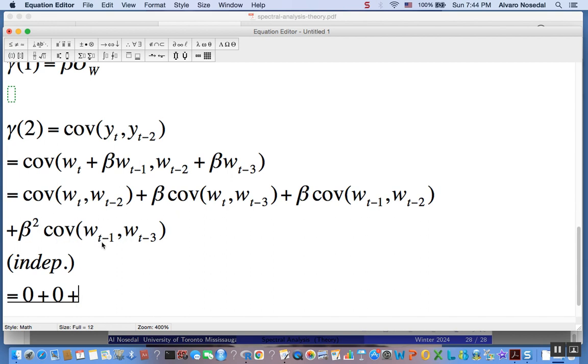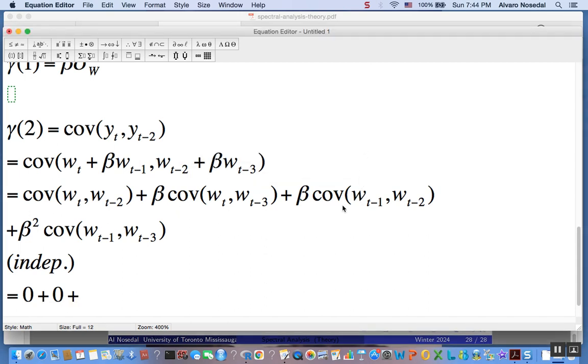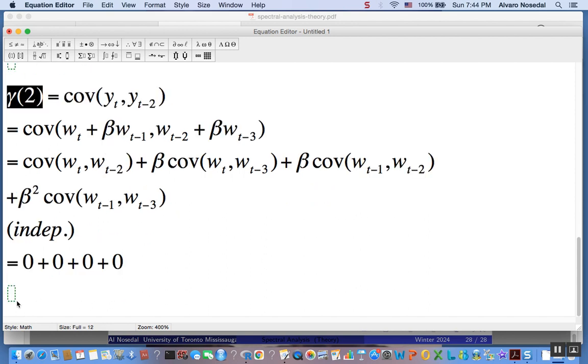Again, covariance between W_{t-1} and W_{t-3} is 0. So we have 0 here, we have 0 here, we have 0 here. Okay? So 0. In the end, gamma at 2 equals 0.